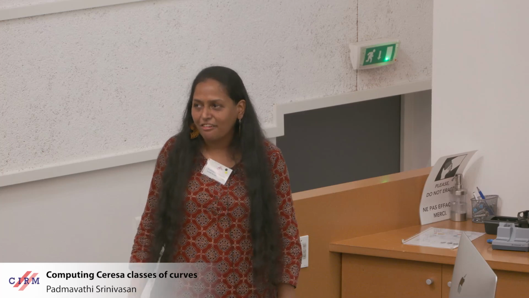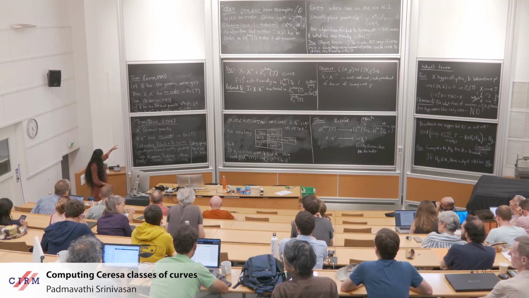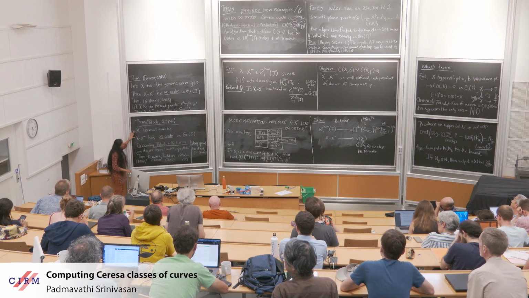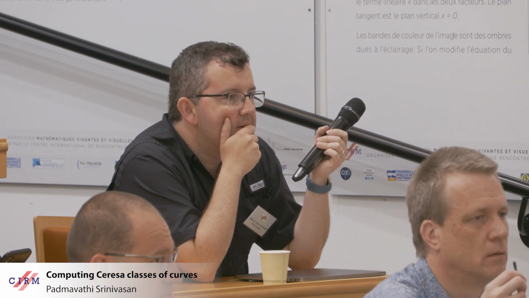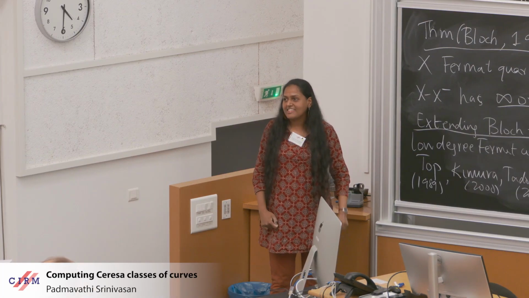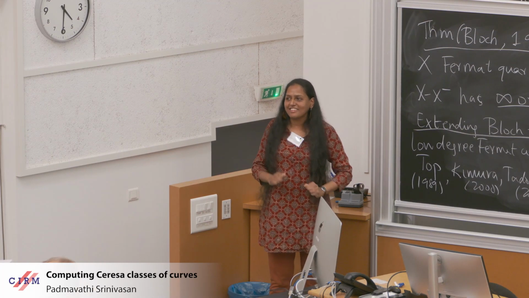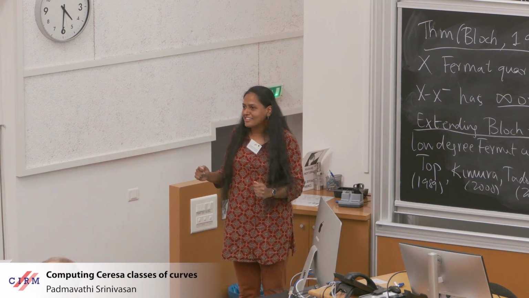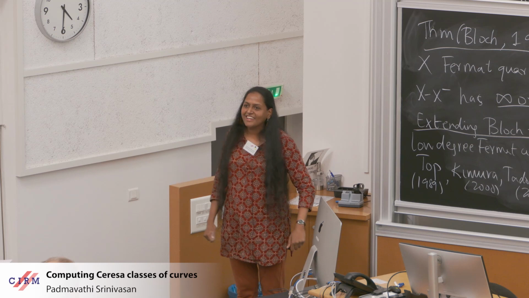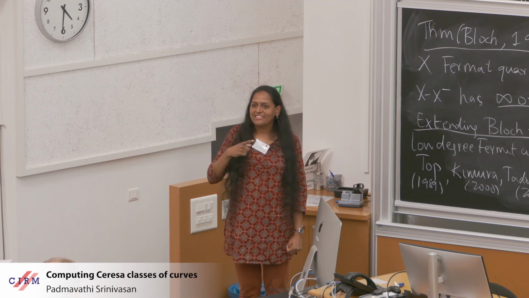But the Ceresa cycle of the Fermat quartic is historically quite important to the formulation of these conjectures. Bloch was also able to compute the order of vanishing of the relevant L-function, and he was able to show it vanished at the central point. So okay, hey, this is consistent. This is good. But based on one example, he didn't want to call it a conjecture. He called it a recurring fantasy. But yeah, Jaap Top has more examples. You can ask him.